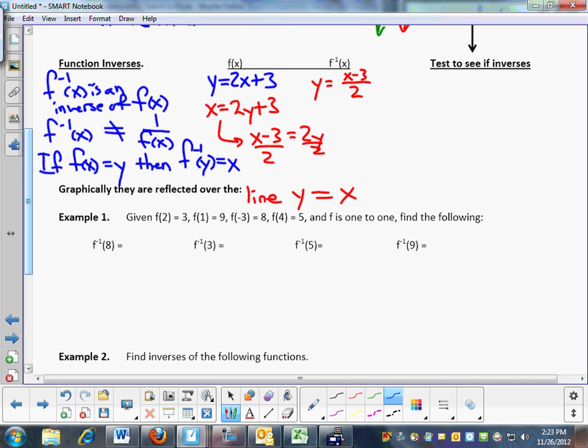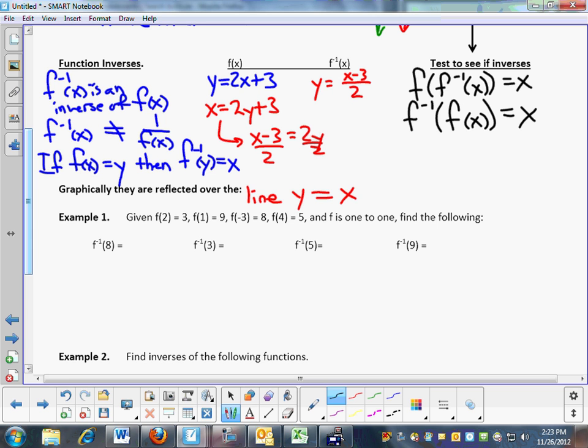Third of all, if we want to actually find the inverse, as Alex said, we switch the x and y values. If we want to test to see if something's an inverse, here's what you need to do. f of f inverse of x is equal to x, and f inverse of f of x is equal to x.